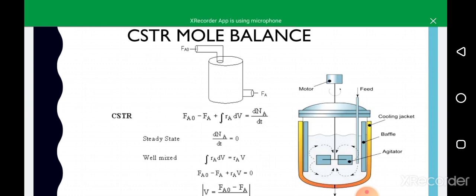It depends upon you. If you talk about the steady state condition, meaning inlet equals outlet, the accumulation is equal to 0, meaning the flow rate of inlet is equal to the rate of outlet, then the accumulation is equal to 0. At last, V is equal to FA0 minus FA divided by minus rA.